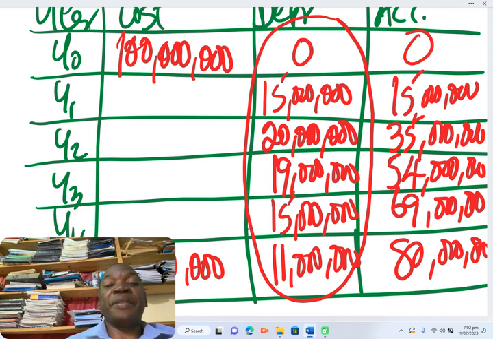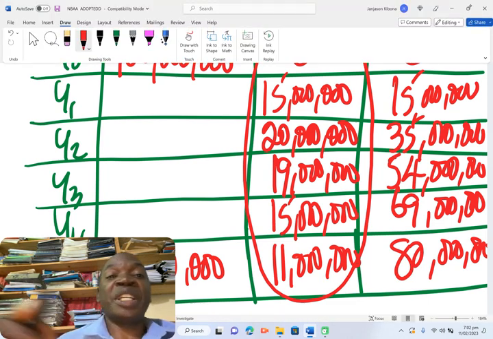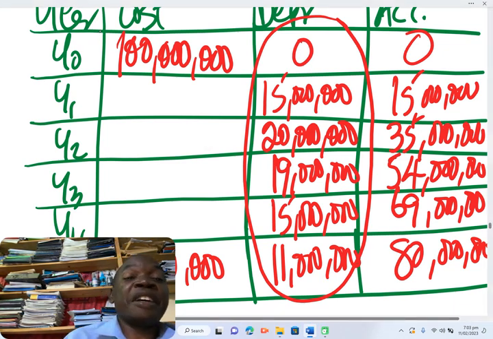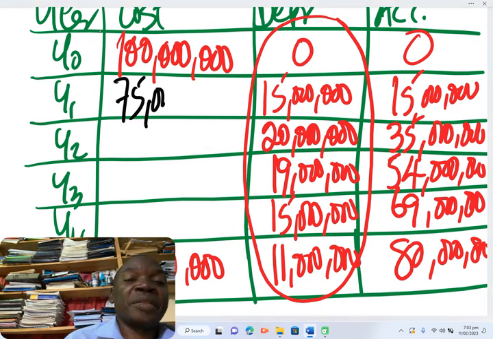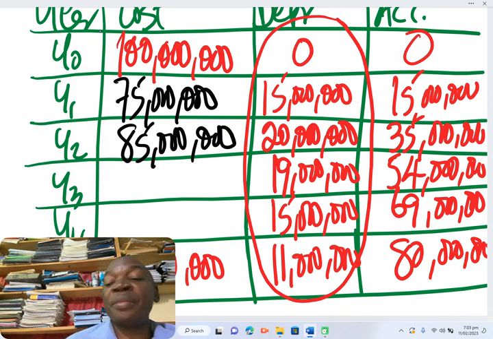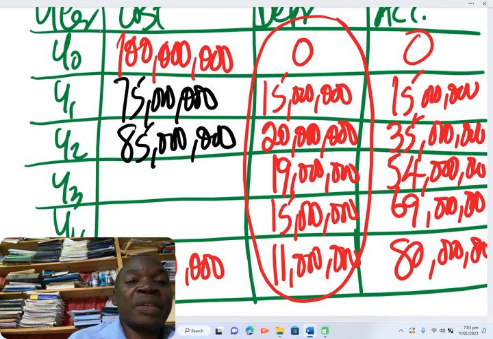Now let's see what happened to the carrying amount in the balance sheet. You deduct this 75. This is 85. How about this one? Year 1 is 85. Okay, year 1 it is 85.